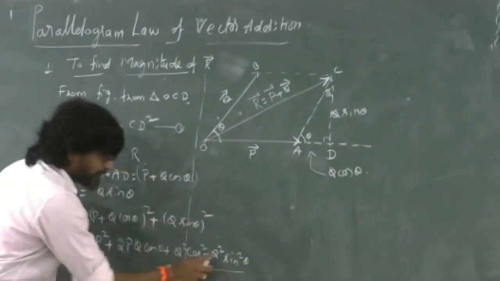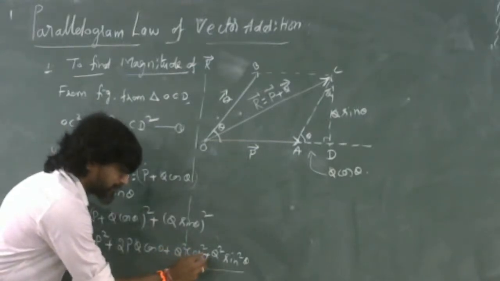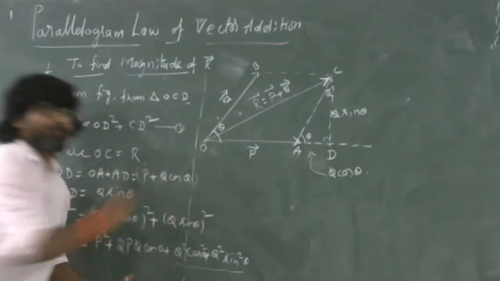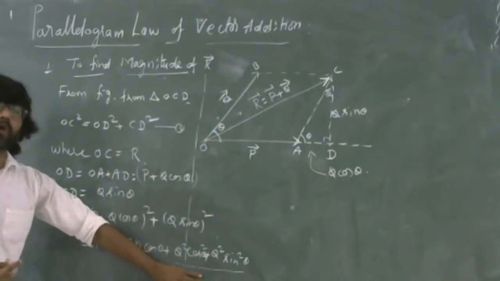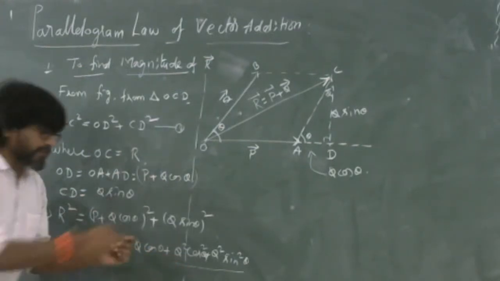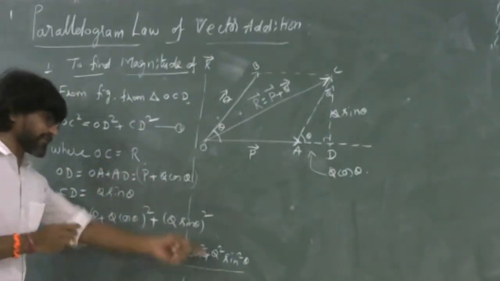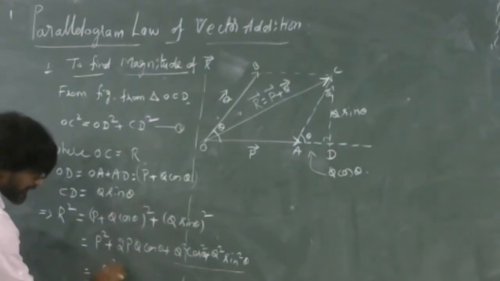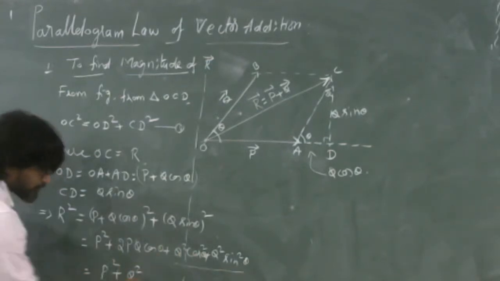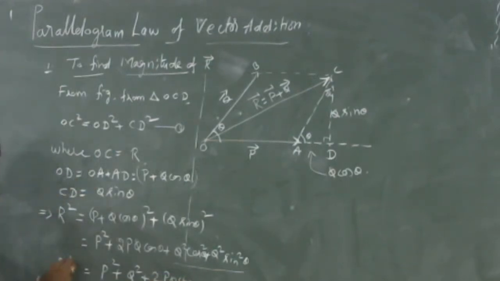Here, Q square is common. If you take this out, you can write Q square into (cos square theta plus sin square theta), which is nothing but 1. So this becomes Q square. Therefore R square is equal to P square plus Q square plus 2PQ cos theta.